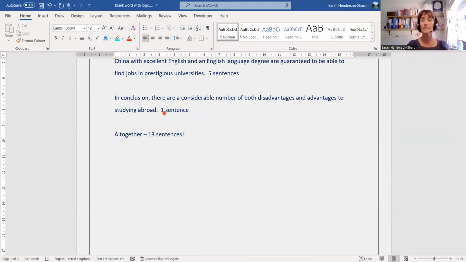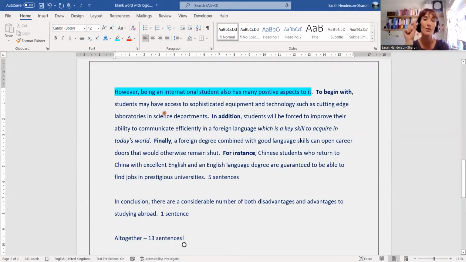That's it. 13 sentences. So if you can write 13 sentences and organize them well, you can write a good IELTS Task 2 essay.